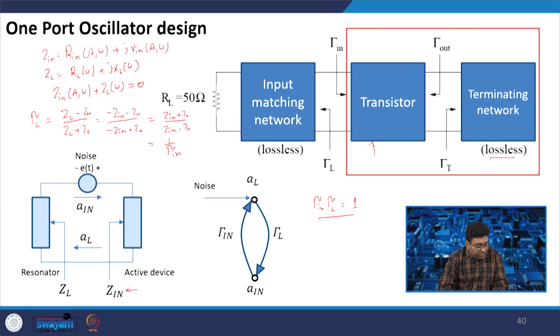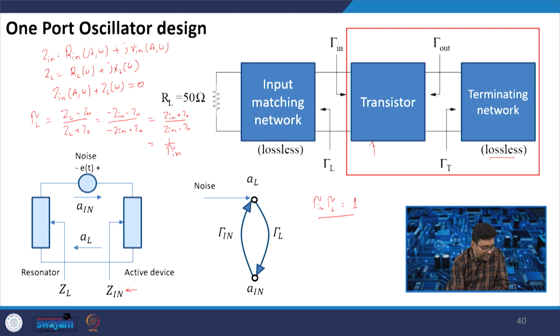Now, this Z in and Z L are frequency dependent. So, in order to have a stable oscillation condition, there is one Kurokawa identity that needs to be satisfied.